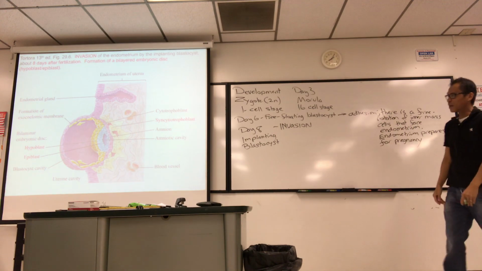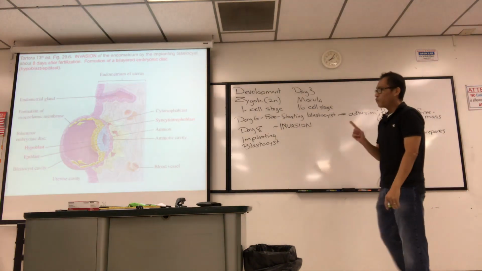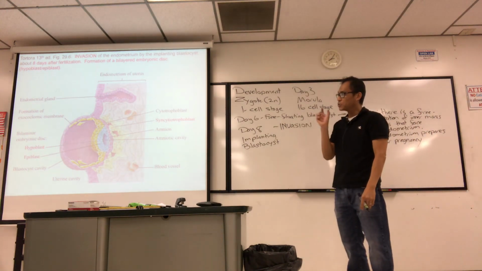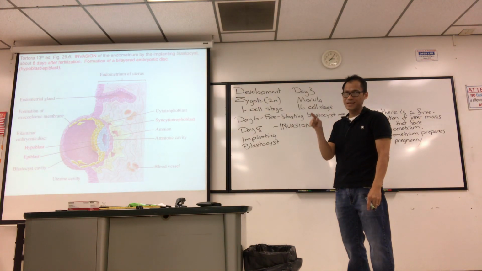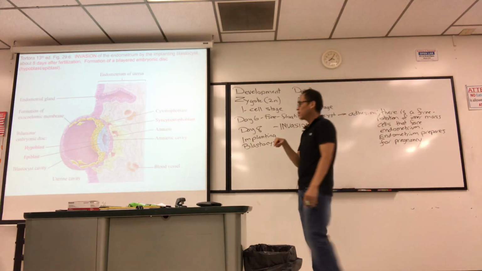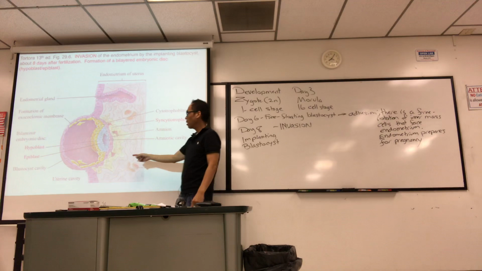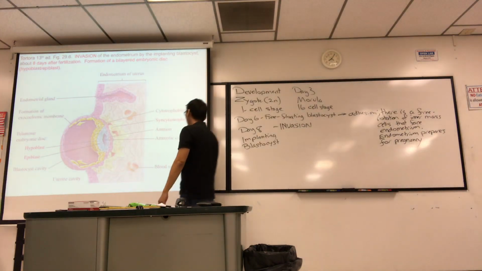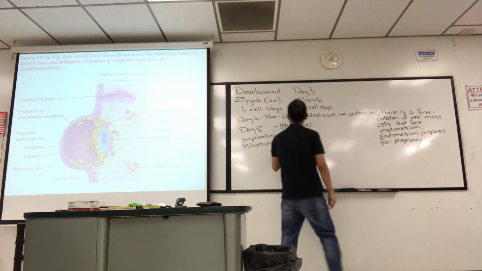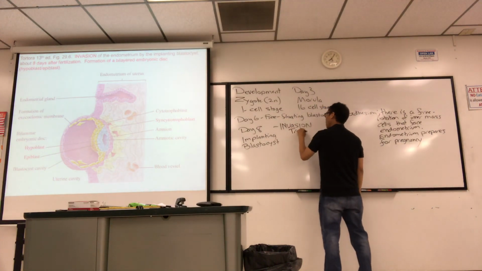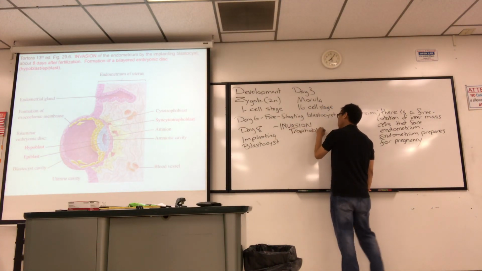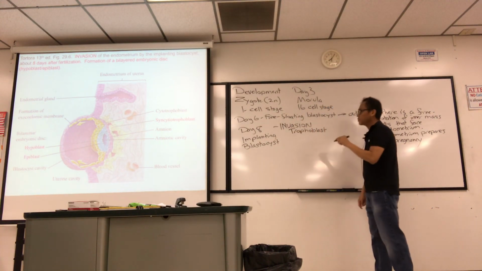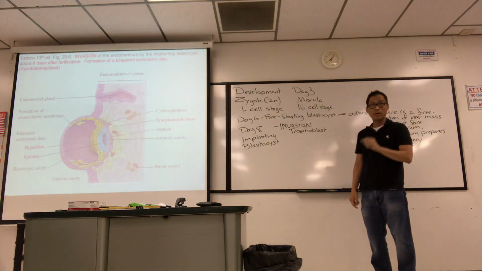For the implanting blastocyst, the trophoblast differentiates into 2 layers, the cytotrophoblast and the syncytiotrophoblast, this yellow blob. Write that down. Trophoblast is a term that means nourishment generator. It will become the placenta.